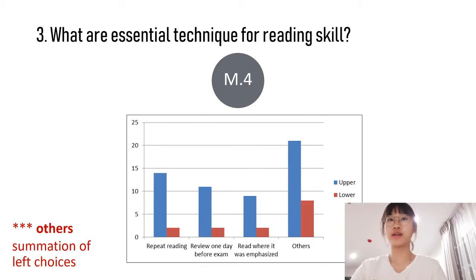Essential techniques for reading skill. In M4, upper grade students use repeat reading the most, followed by review one day before the exam, and they use the technique of reading where it was emphasized the least. Compared to the lower grade students, they use these three techniques equally.